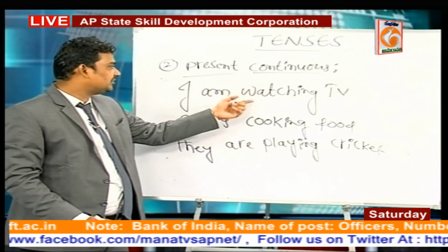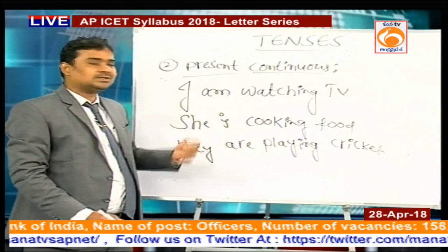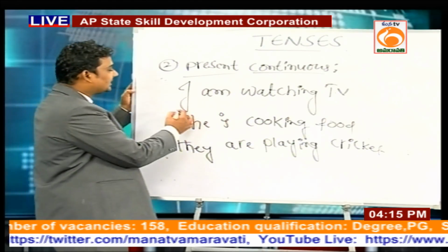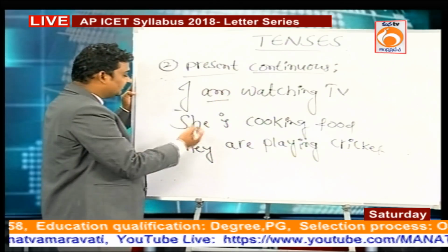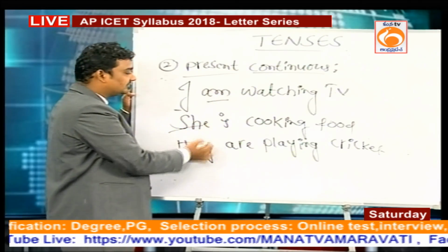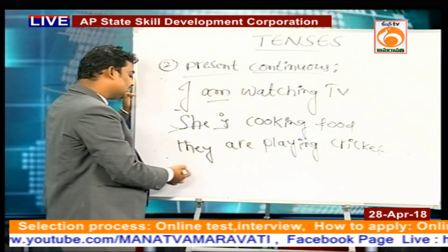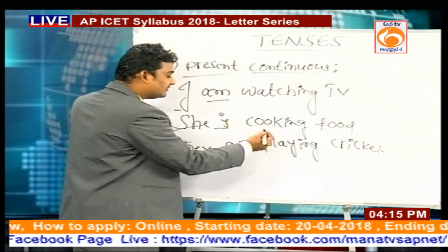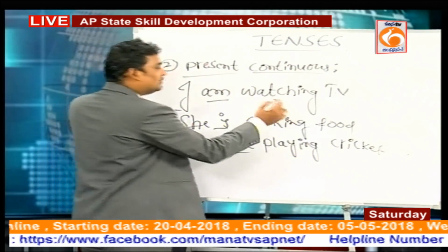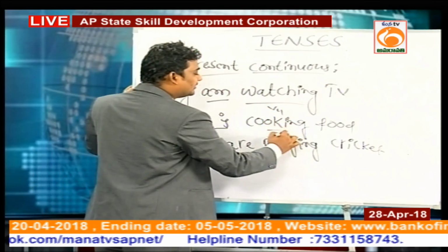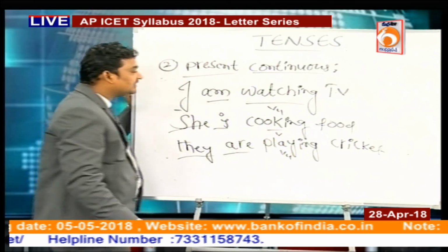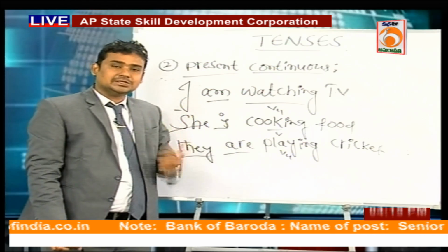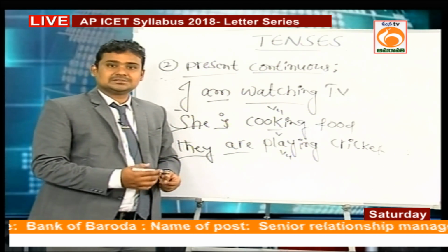The main verb is V4, so after am, is, or are we must use the V4 progressive or continuous verb form. If the subject is I, the helping verb is am. If the subject is he, she, it, third person singular, the helping verb is is. If the subject is plural like they, we, you, the helping verb is are. After the helping verb, the main verb is always V4. So if the sentence is any continuous, we must use the progressive or continuous verb form.